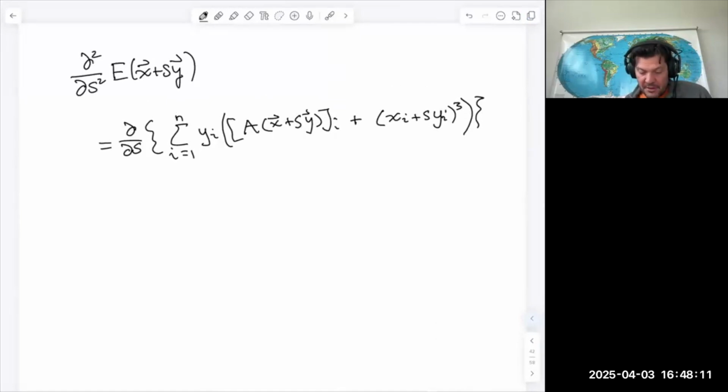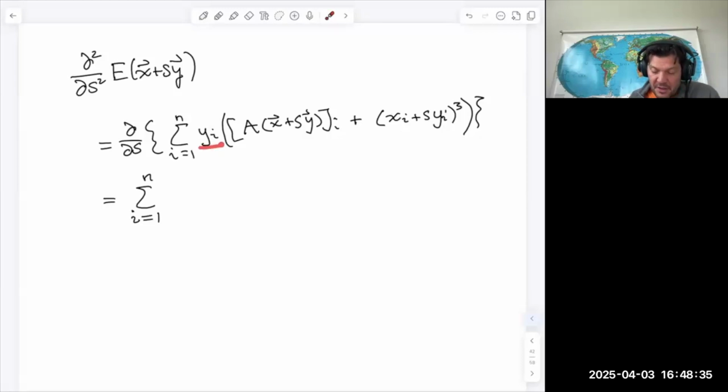So let's continue taking the second derivative. This is a shorthand way of getting the second derivative calculation. We have the sum from i equals 1 to n. The derivative is going to carry into this first term in here.